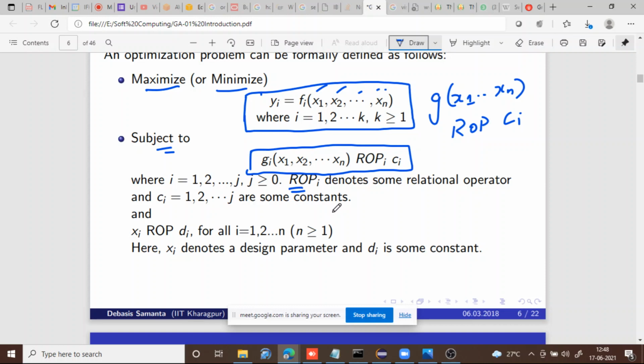What are arithmetic operators? Addition, subtraction, multiplication, division, these are the arithmetic operators. So what are the relational operators?